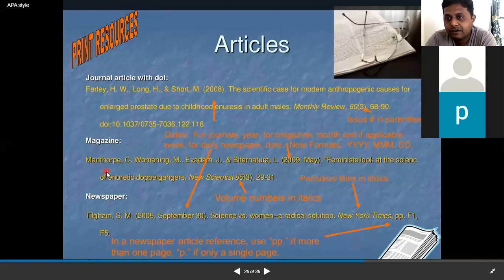In the case of a magazine, we have the same. For a newspaper, name, publication, month and year, and the source material. If some article or news is published in that newspaper, we give the name of the newspaper, then the page. All these things are mentioned over here.